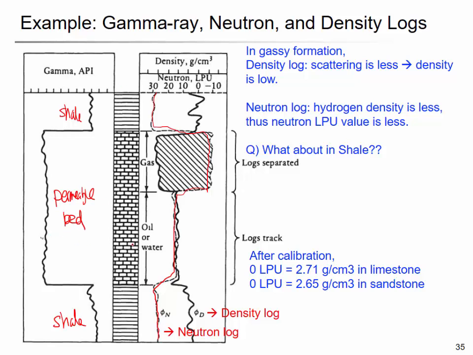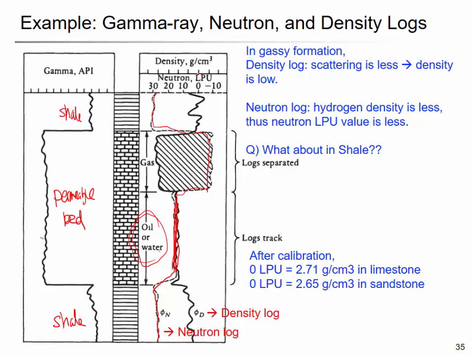So in the oil and water reservoir, if it's filled with oil or water, you can see that they all stack together, right? The density log and the neutron log. But when you have some other fluid like gas, these two will deviate from each other, right?